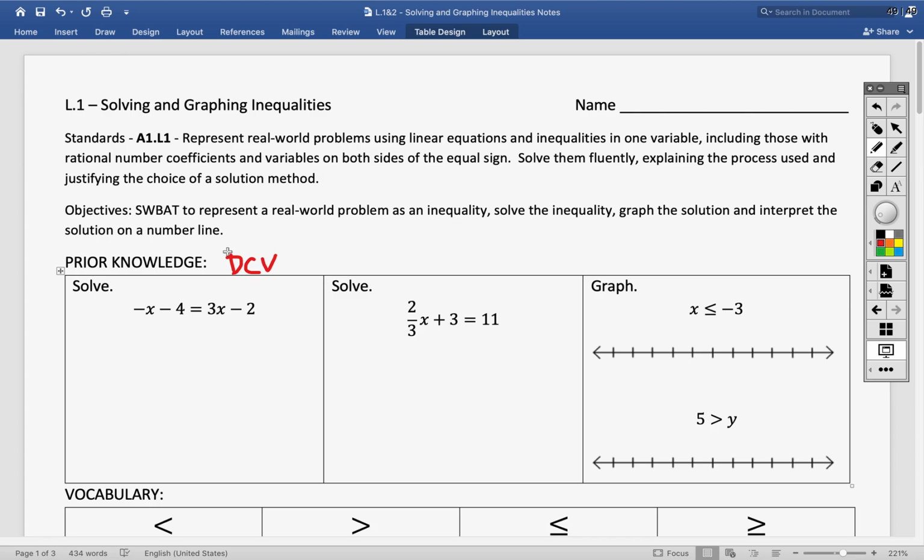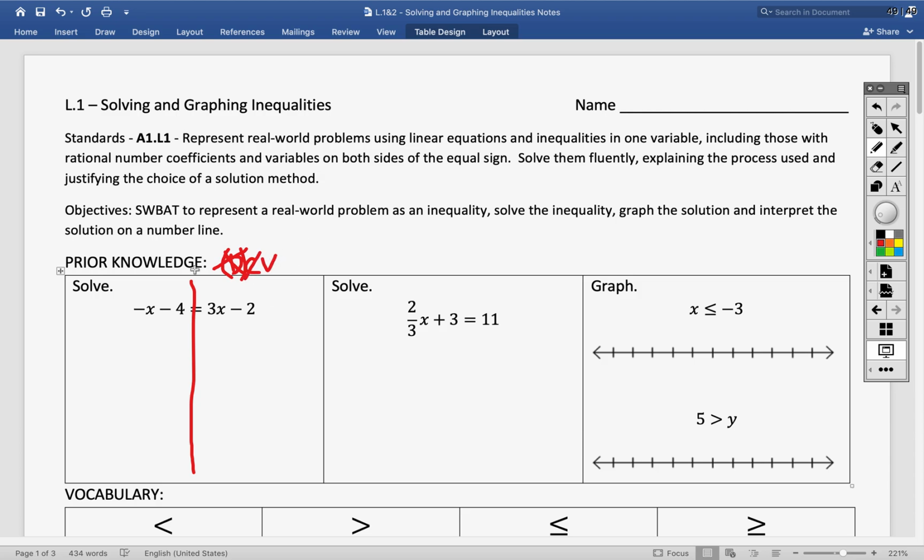And what I'm looking for when I see the distribute is parentheses. Do I have parentheses here? No. So I'm not really going to need to do that. Combine like terms. That's when the same terms are on one side of the equation. So here there's nothing we can combine.